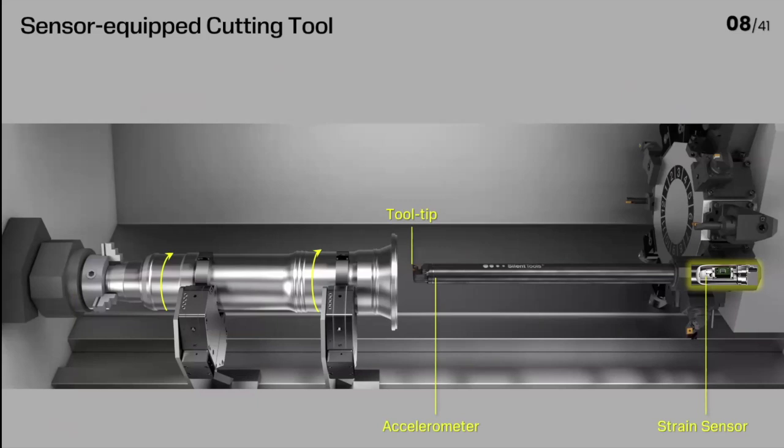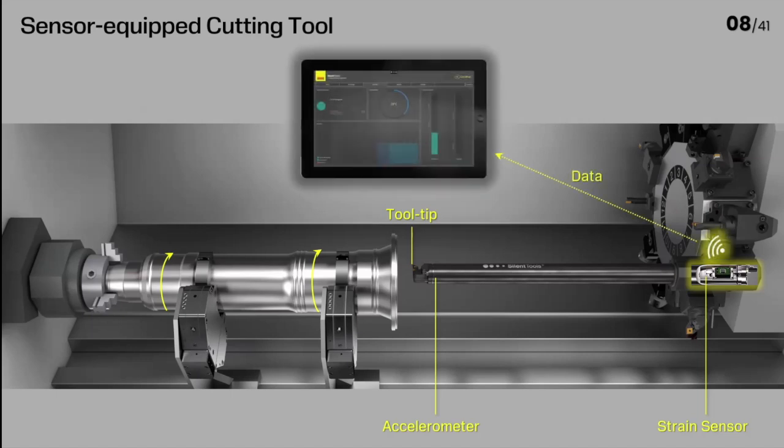And we add a strain sensor near the clamping area, where the strain level is highest. And this sensor captures the strain data used to estimate the cutting force and the tool tip deflection. And sensor data is transmitted wirelessly to the computer through a Bluetooth antenna.